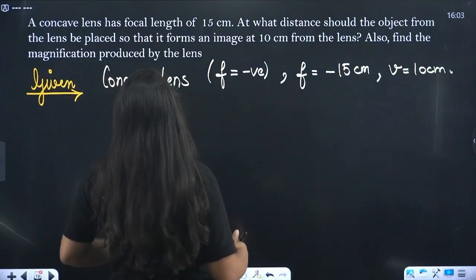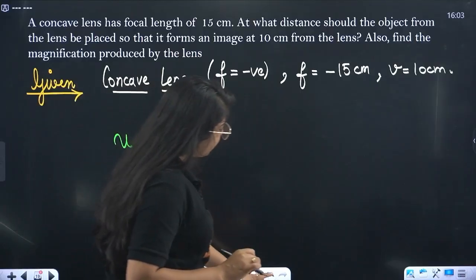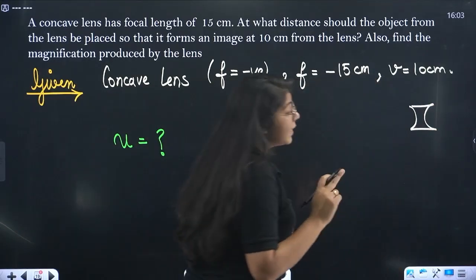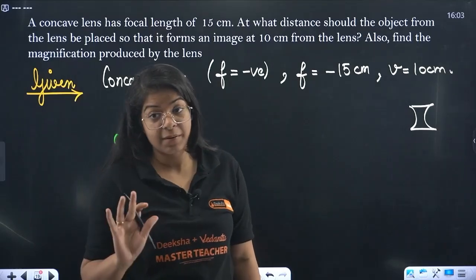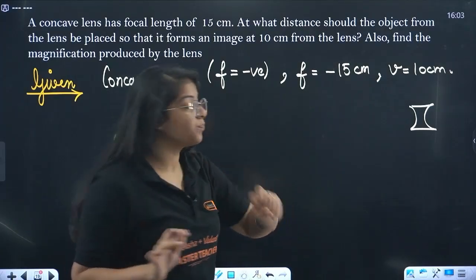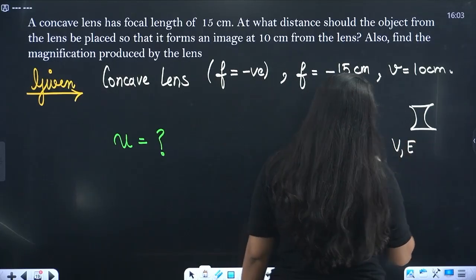See, your concave lens is given, right? So my friend, what is your concave lens? It is similar to a convex mirror. Convex mirror just had two cases. A concave lens will have two cases. It will always form a virtual and erect image.